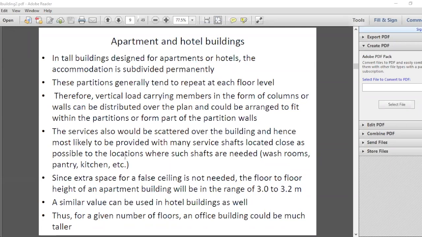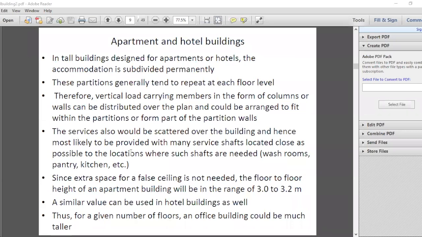Because of this reason, we do not need a false ceiling to hide the services. So in apartment buildings, we can end up with a 3 to 3.2 meter floor height. If you have an office building with 3.6 meter floor height and an apartment building with 3.2 meter floor to floor height, then at each floor level, you can save 0.4 meters.